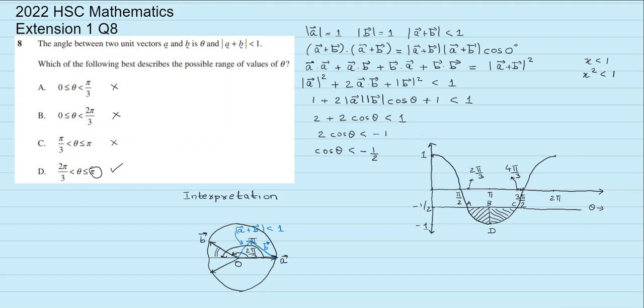So this is the graphical, another way of interpreting the result: if the angle is anything higher than 2 pi by 3, but less than or equal to 180 degree, then the resultant will always be less than 1. Thank you.